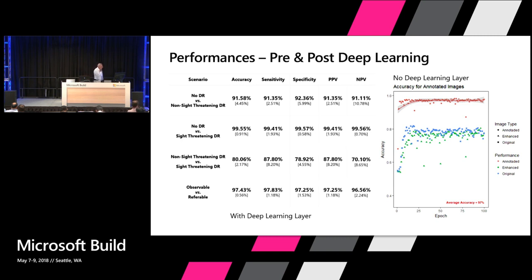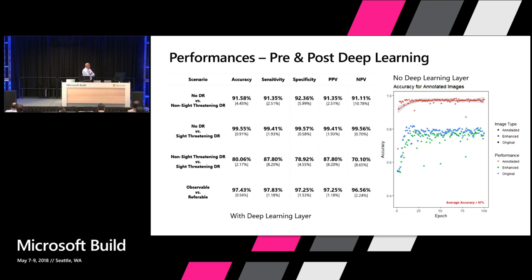If you look at the last row, which is the classifier for observable versus referable, the accuracy is around 97%, which means that out of 2,000 images, about 50 images are misclassified. About 25 are false positive images, which we don't care about. We care more about the false negative images, so patients having signs of retinopathy that are classified as normal or as observable.